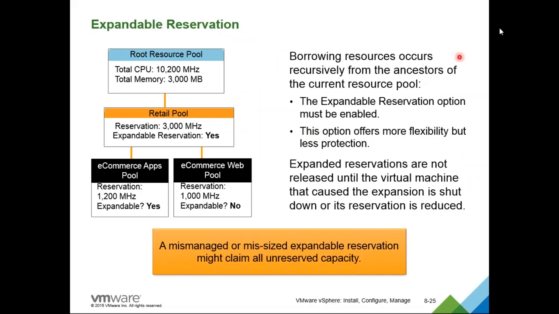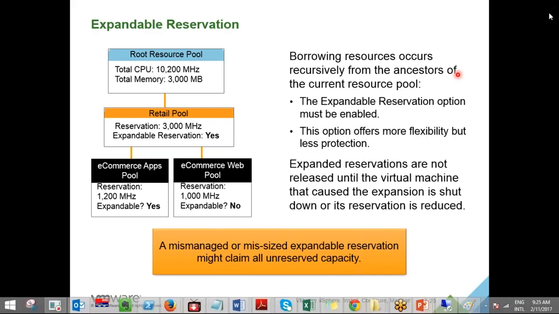So borrowing resource occurs recursively from the ancestors of the current resource pool. The expandable reservation option must be enabled. This option offers more flexibility but less protection. So when you enable the expandable reservation option, it has less protection.